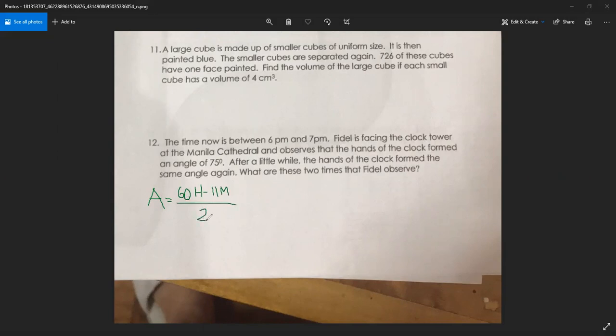Say for example, the time is 7:40. What is the angle formed by 7:40 a.m. or 7:40 p.m.? So H now will be equivalent to 7, and M now will be equivalent to 40.